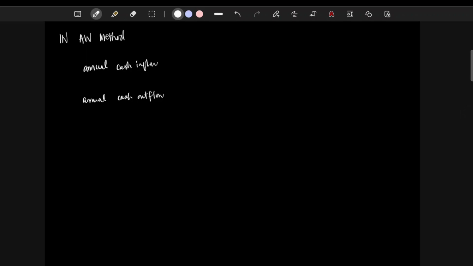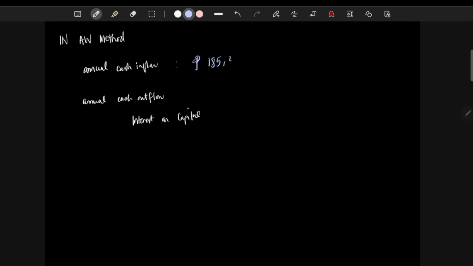The difference with ROR is you have to compute the interest on capital, then include it in the cash outflow or costs. From the annual revenue, that is our cash inflow, given in the problem, that is 185,400. For the cash outflow, same with ROR, you have to compute for the depreciation.